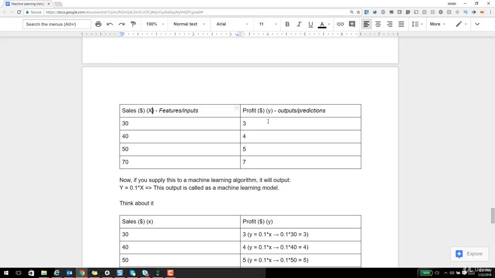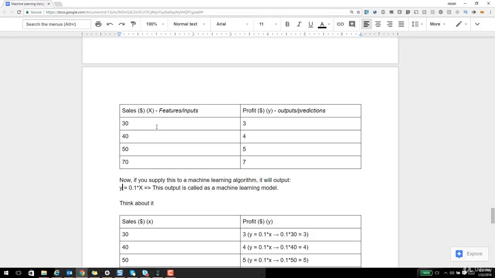Now just imagine that you have this input and output. And like we have been discussing in all our lectures, we are going to give this whole table to an algorithm and let it study the patterns, so that if a similar input comes in the future, it can predict that output. So how will this look? If you supply this to machine learning, it will output y. Actually, this should be small y. y is equal to 0.1 times x.